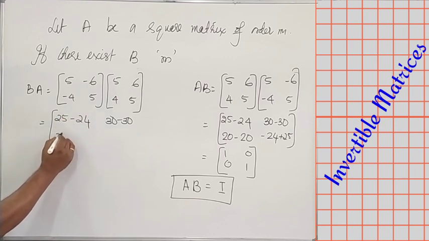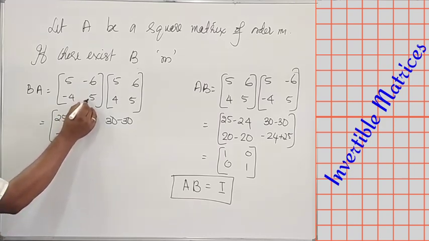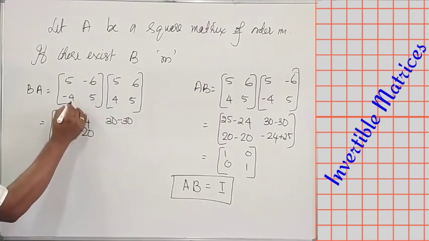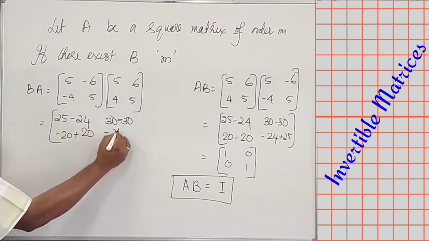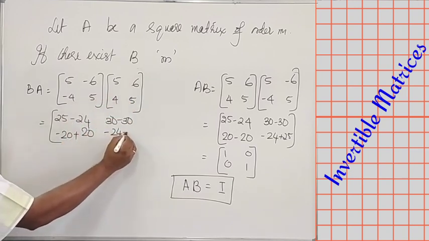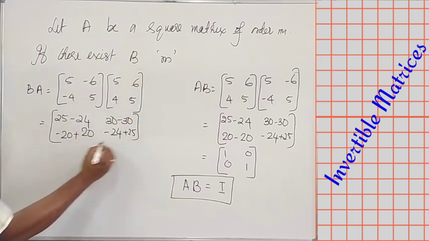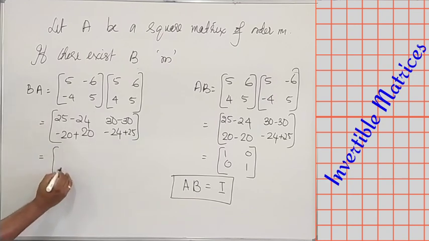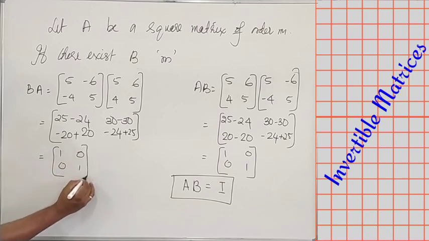Minus 4 into 5, minus 20, plus 5 into 4, that is 20. Minus 4 into 6, minus 24, 5 into 5, 25. See, on simplification, we get 1, 0, 0, 1.